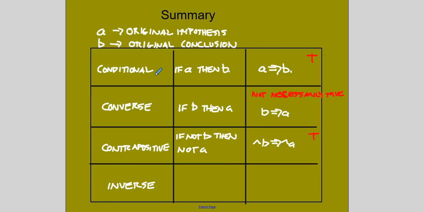Okay? Then the inverse is you just negate the original hypothesis and conclusion. So this would be if not A, then not B. Okay, then in the implies notation, this would be not A implies not B. And this is, again, not necessarily true.